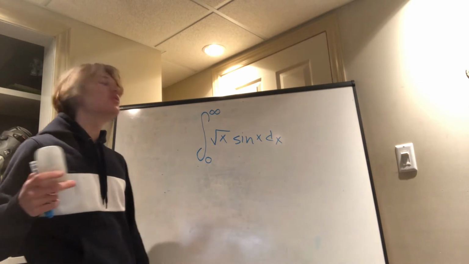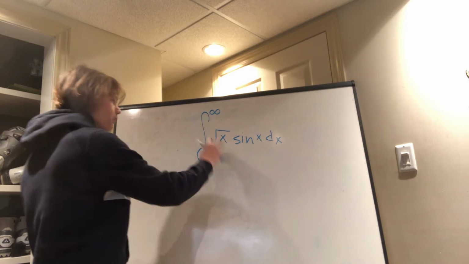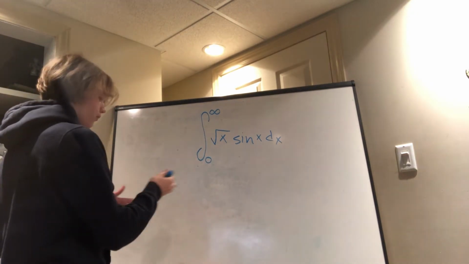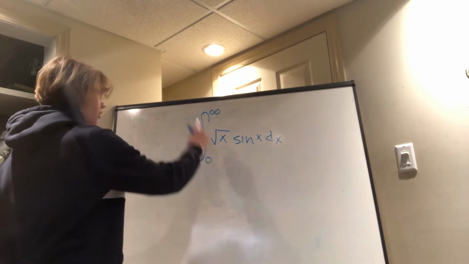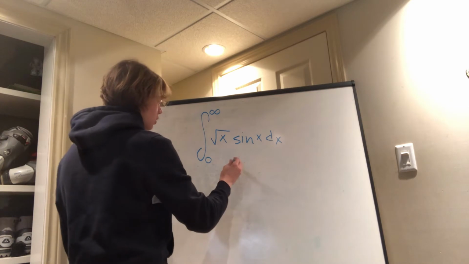Today, we're going to be doing an integral of a very, very wiggly boy. That is the integral from 0 to infinity of the square root of x sine of x.